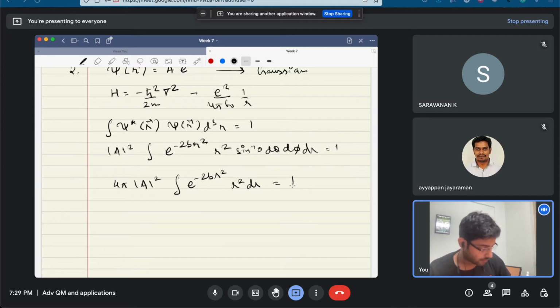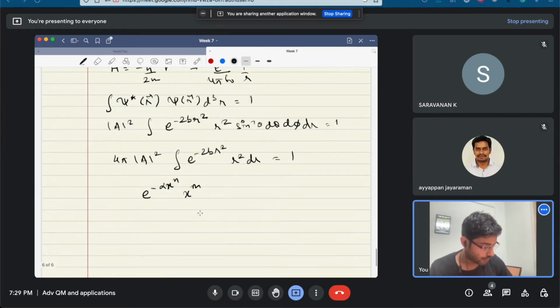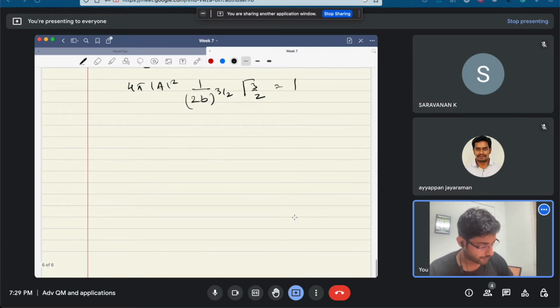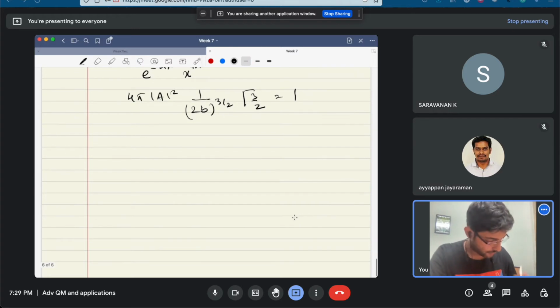So here we use the same. We have e to the power minus alpha x to the power n and x to the power m, right? So here n is equal to 2 and m is also equal to 2. So what we get is 4 pi mod A square times 1 by 2 times 2b to the power of (m plus 1) by n, gamma of 3 by 2, equal to 1. So this yields us, we just take everything on the other side. So gamma of 3 by 2 is nothing but root pi by 2.